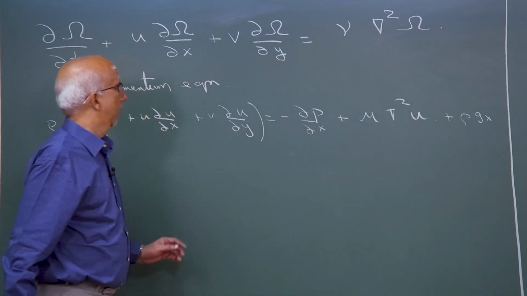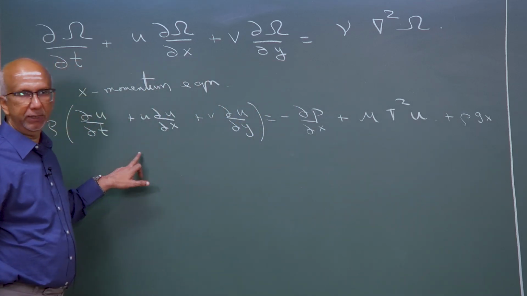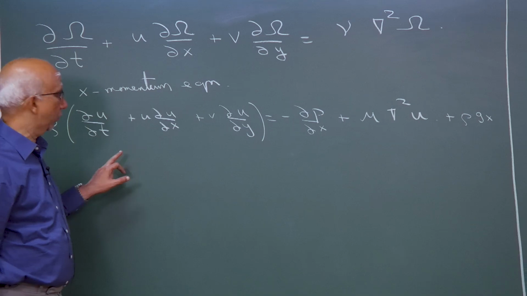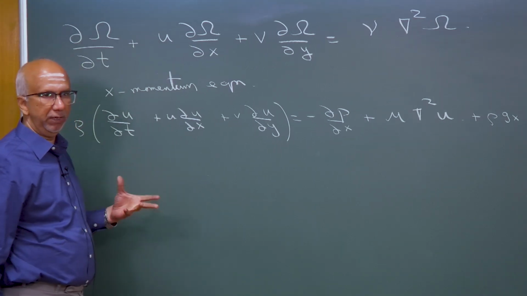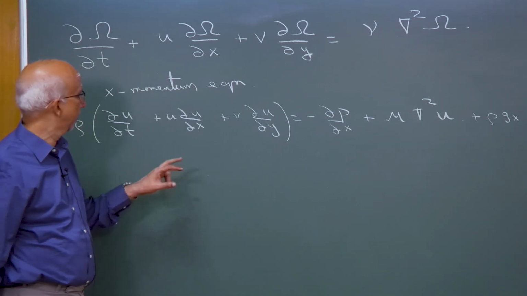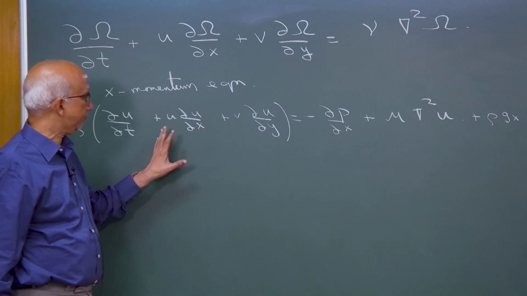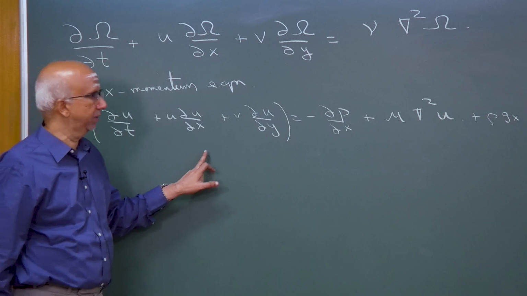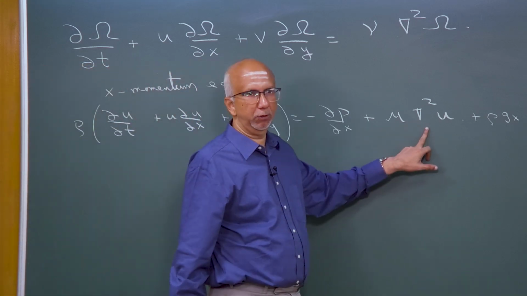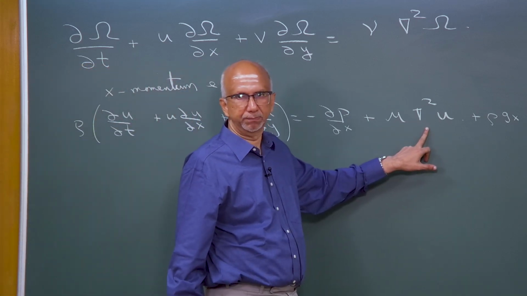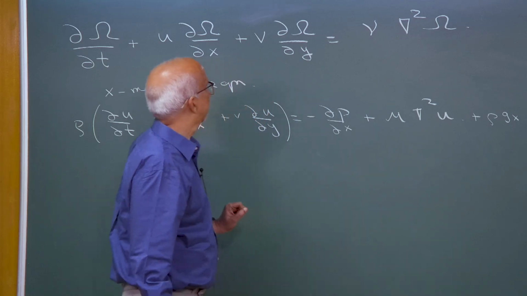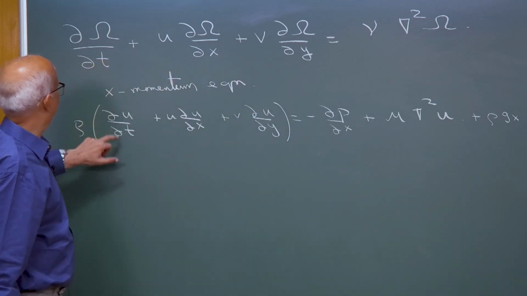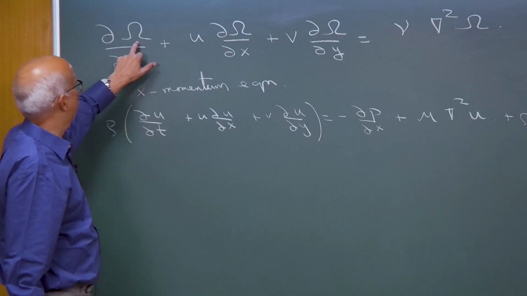So, I wanted you to understand that this term is the accumulation of the x momentum. This is the flux of momentum because of convection. This is the flux of momentum because of diffusion, okay. So, I just want you to look at both of these. Instead of u, I have just put omega here.